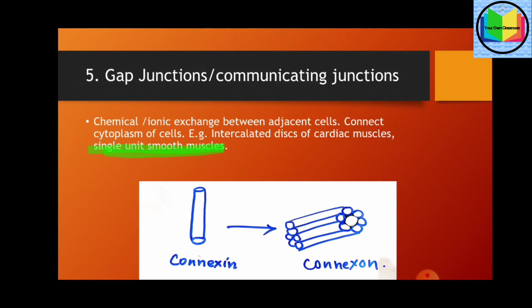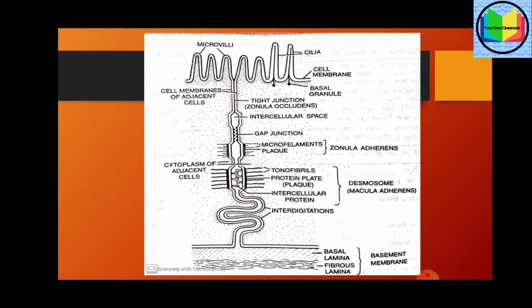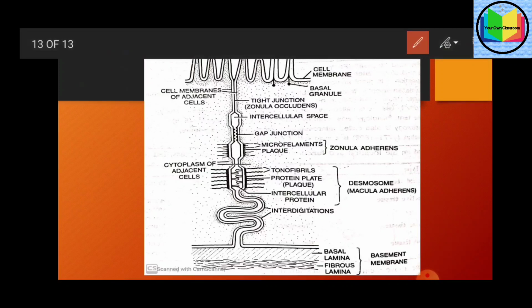Now, if you have gone through the reference books of biology, you might have seen this diagram, which shows all the cell junctions in one place. At the top, you can see the microvilli present on the cell membrane, and then at the apical portion of the cell there is the tight junction or zonula occludens.